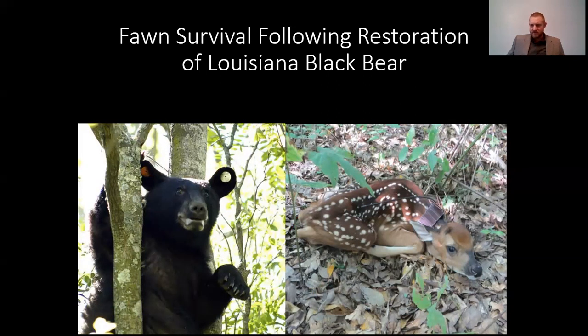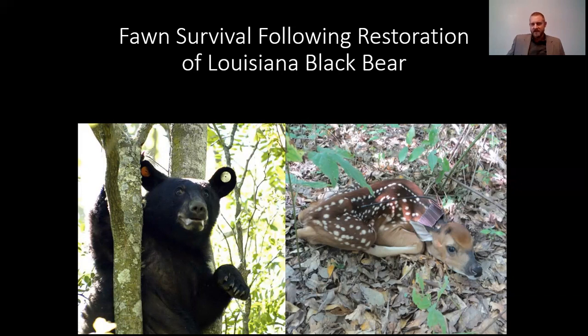And this is alluvial soils of the Louisiana floodplain, or the Mississippi River floodplain, that are incredibly rich and productive for whitetail deer. Litter sizes are high and fawn survival rates were very low, but there was a stable population at the time that we were studying this herd. However, that population was stable because managers had reduced the harvest rate so substantially over the time following the restoration of black bears.